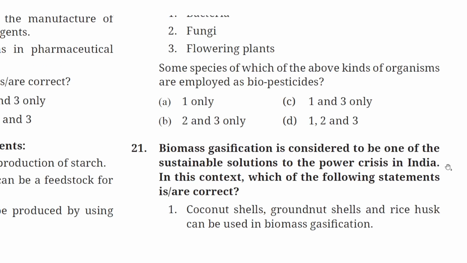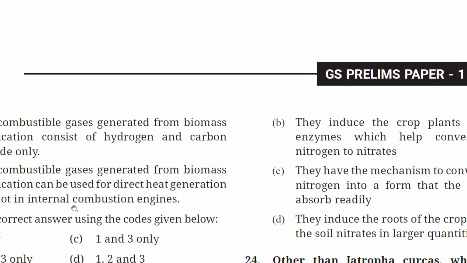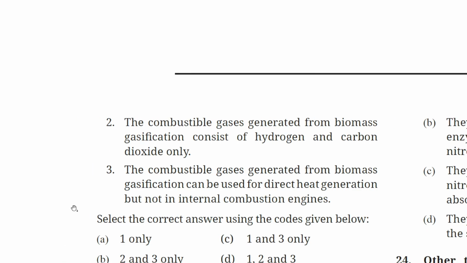Biomass gasification is considered to be one of the sustainable solutions to the power crisis in India. In this context, which of the following statements is correct? Basically, the question is about biomass. Coconut shells, groundnut shells, and rice husk can be used in biomass gasification. It is a true statement. Let's see the other statements also.